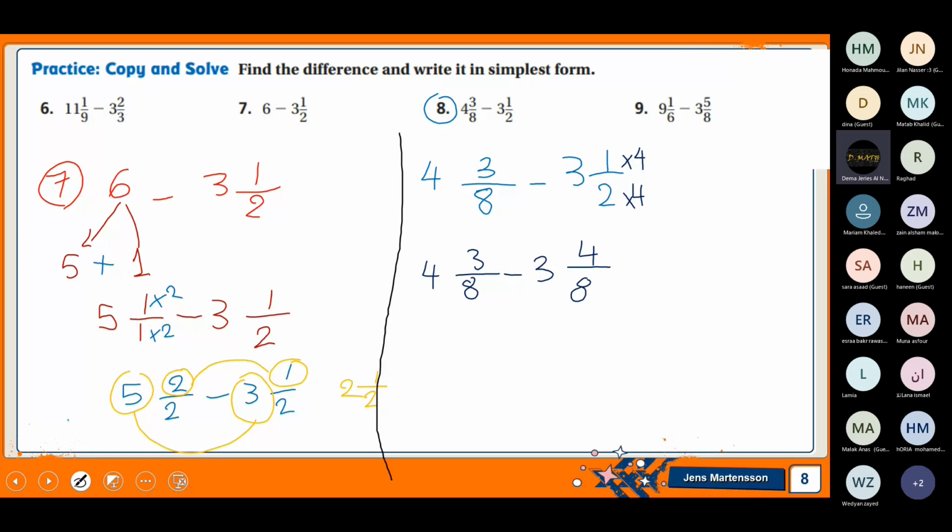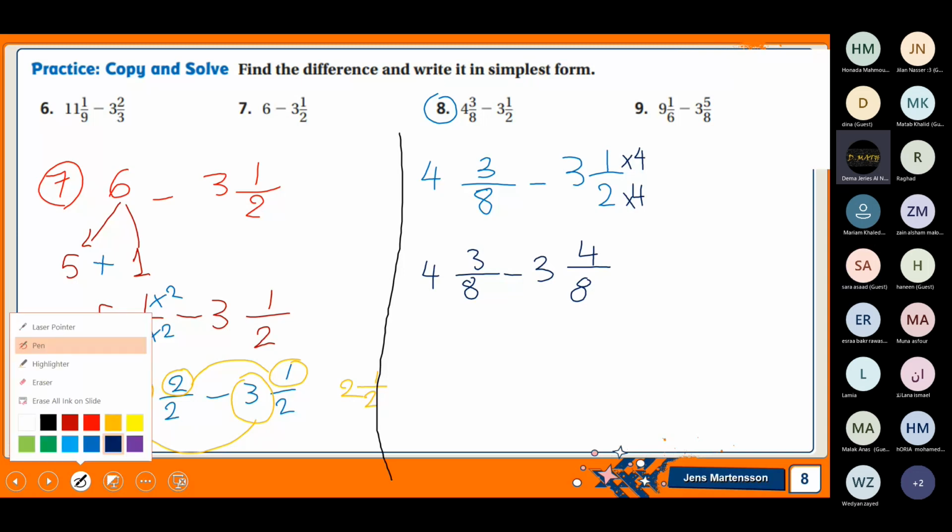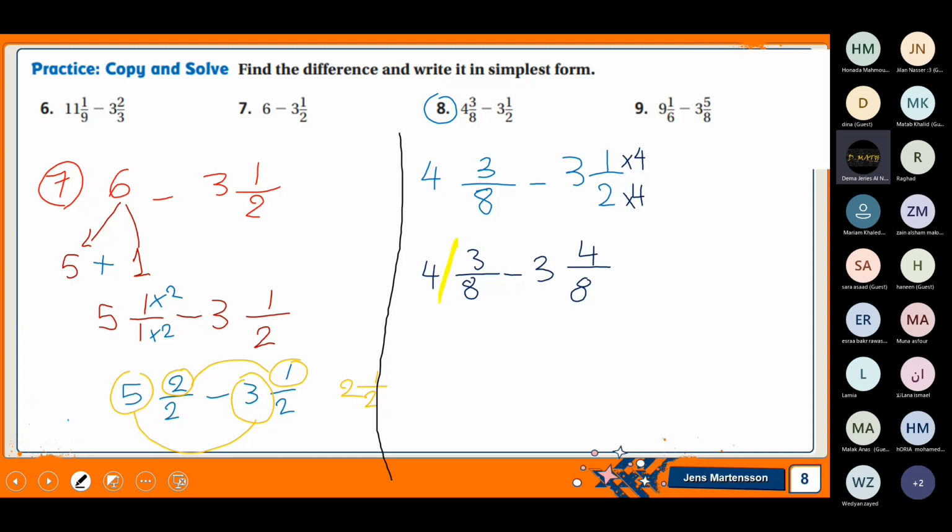Now, Sarah, look at the fractions. Can you take 4 from 3? Here, after we finish, we're going to subtract the fractions. Here we have 3 over 8, and here we have 4 over 8.